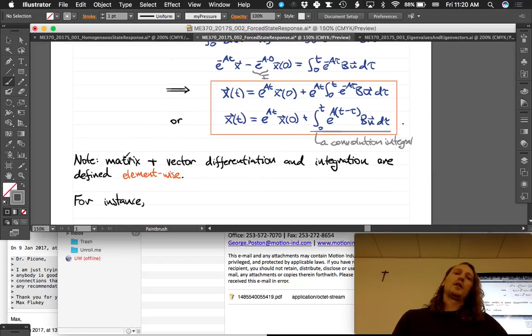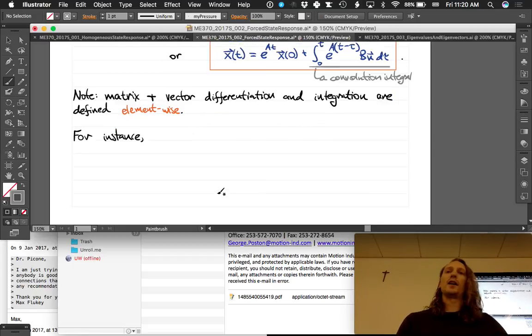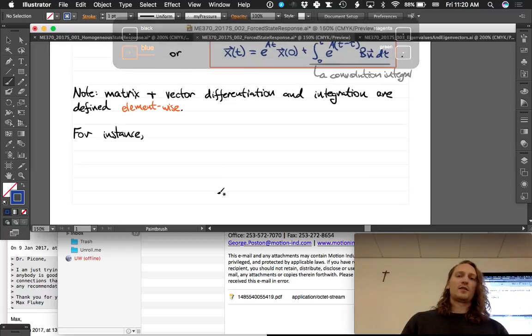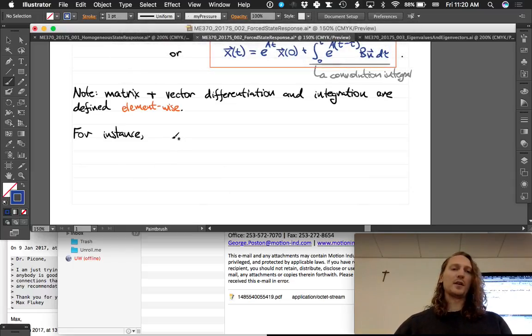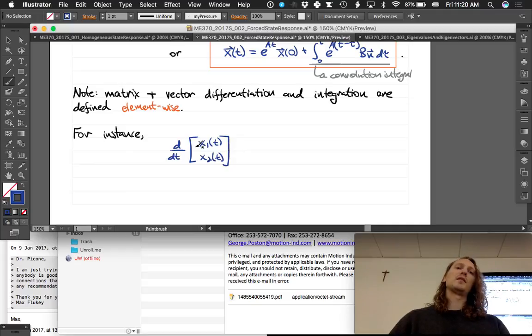Now, note, matrix and vector differentiation and integration are defined element-wise. So, for instance, we talked about this before, but I wanted to make sure that I drove it home. d/dt of a vector, say x1 and x2, say they're both functions of time. So when I say this vector, what I really mean is this is a vector-valued function of time, right?